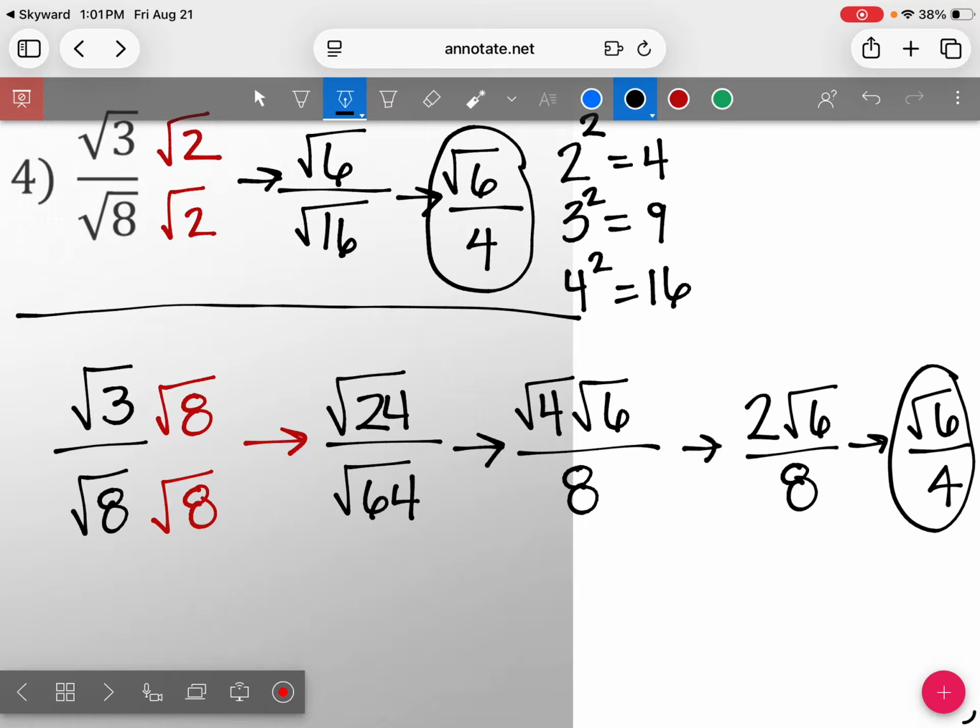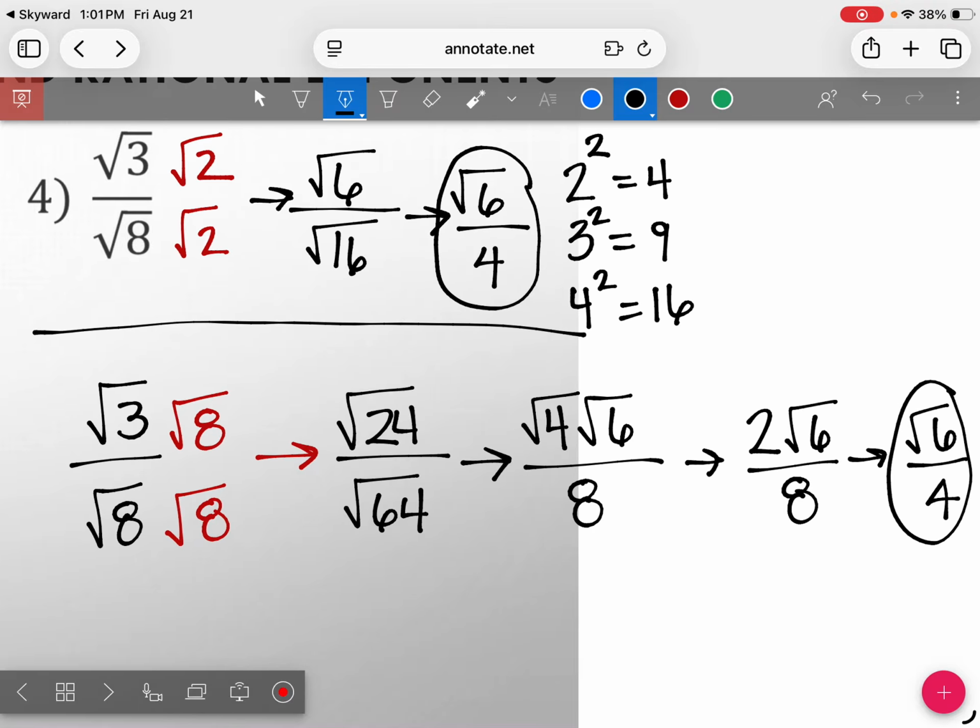So you have an option. You can, see, this is the street way, but it's okay. We don't always have to take the highway. If you don't recognize that you can change the 8 to a 16, then just multiply it by itself. Take the 8 times 8. You're still going to get to the same destination. It's just a little bit of a longer route.